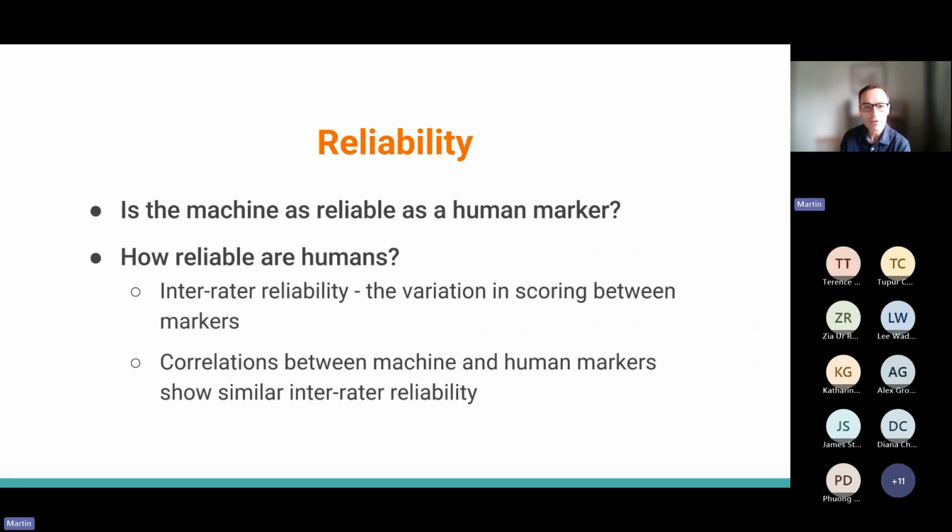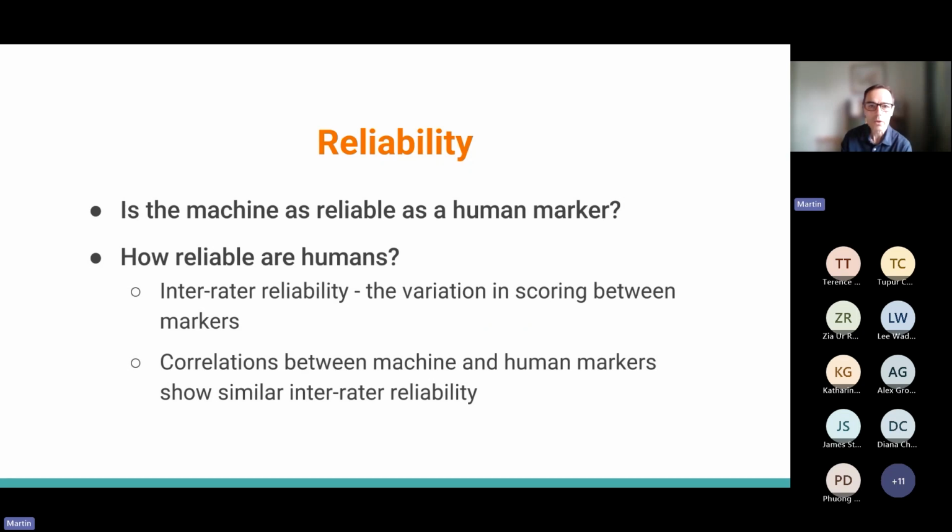The important thing is to train markers to the point where that variation is reduced to an acceptable level. And we also have to keep monitoring and measuring it to make sure the variation doesn't start to increase, so that even if a marker who's performing very well has a blip for 1 or 2 responses, we are on top of that. So we need to keep a measure of that inter-rater reliability.